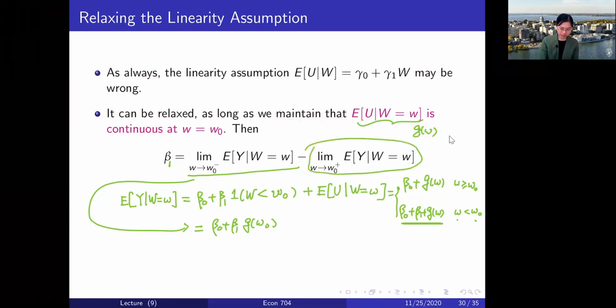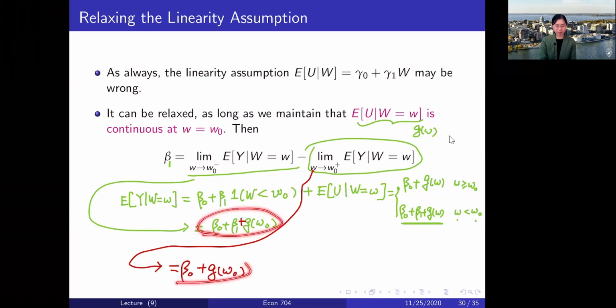And this right limit, on the other hand, equals the limit of this expression when you take W to W0 from the right. So that should be beta 0 plus beta 1 plus G of W0. So the difference between these two limits is exactly beta 1, the causal effect we are interested in.